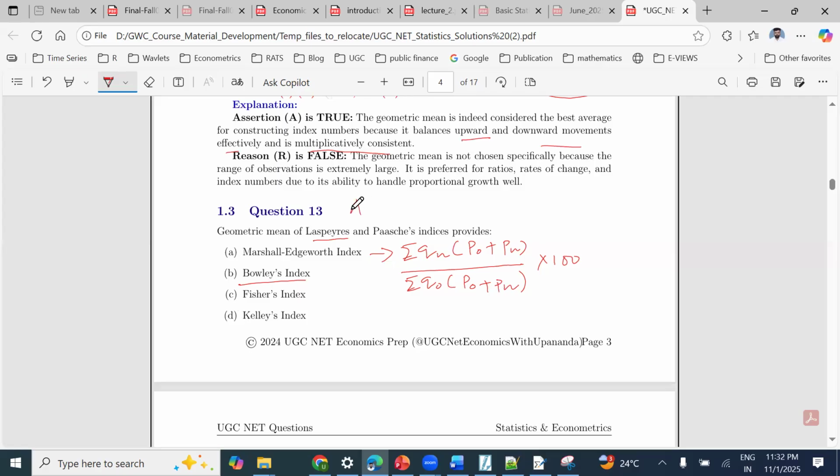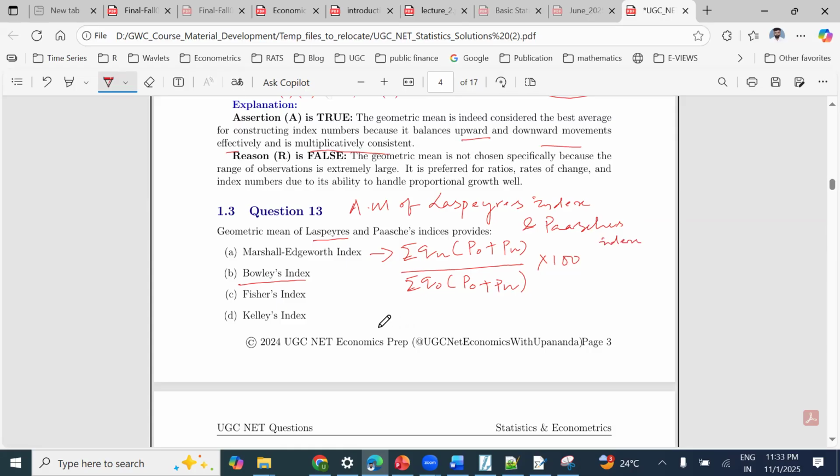Okay, please write it down: arithmetic mean of Laspeyres index and Paasche's index is known as Bowley's index.